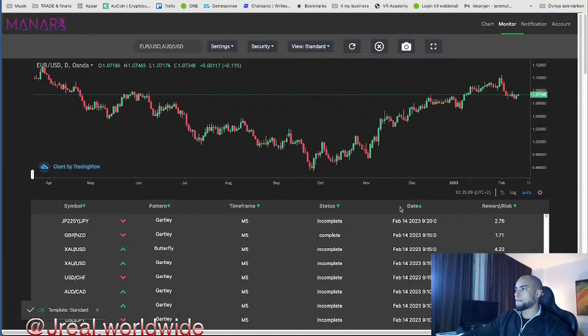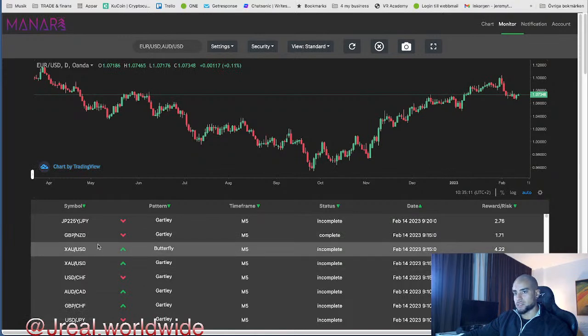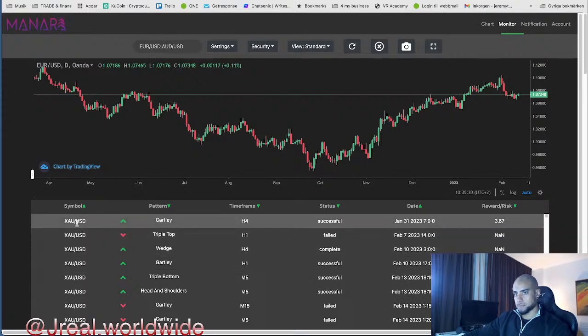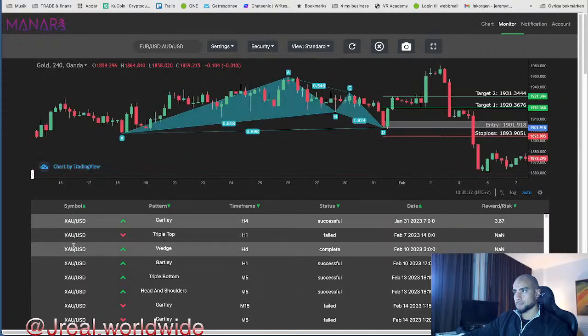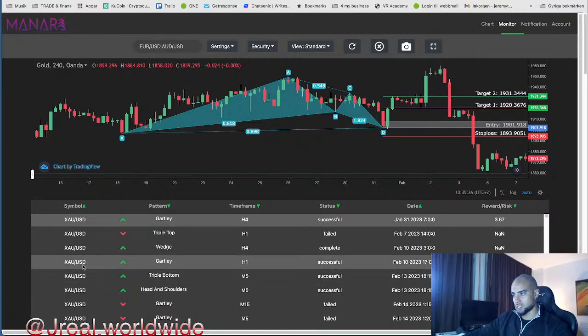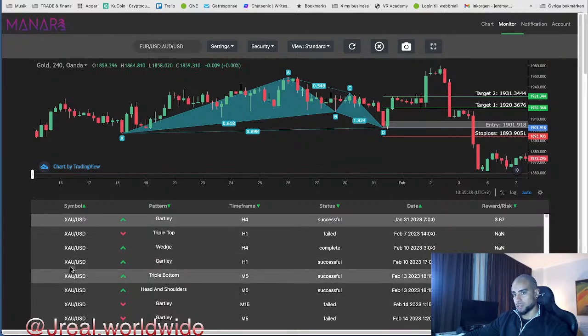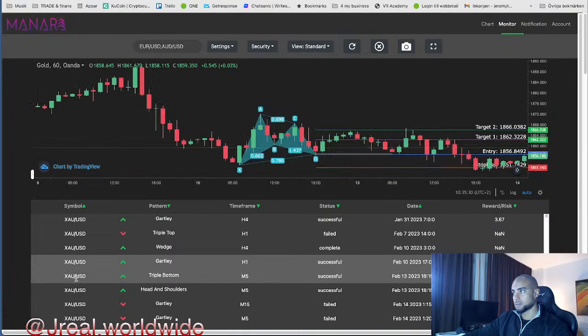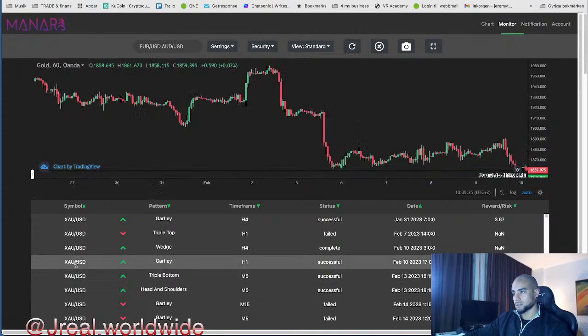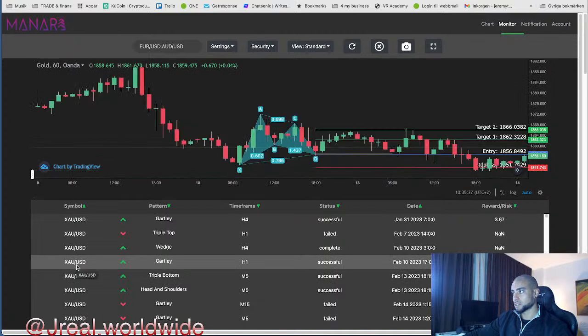Has Manara spotted something interesting for us? Incomplete. Let's see. I'm just sidetracking a little bit. I want to see what it says about gold, but it's nothing new from what I see here. No, this is interesting.